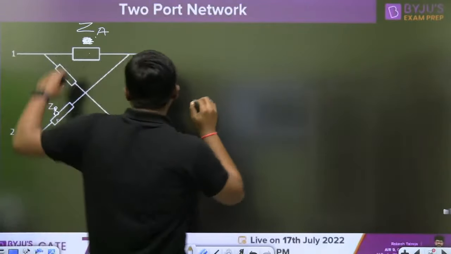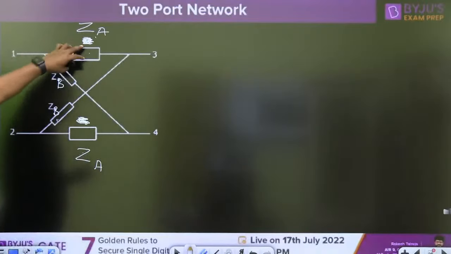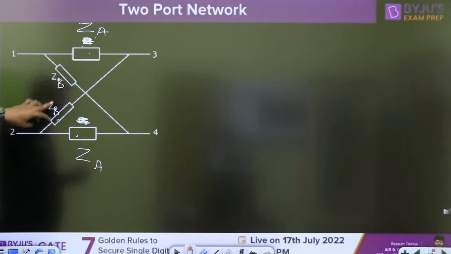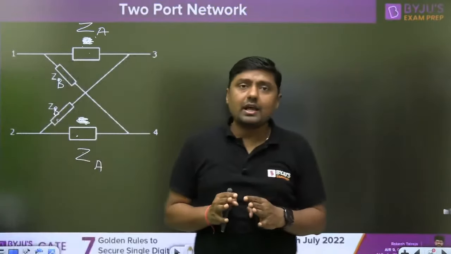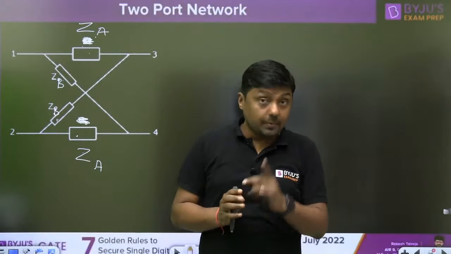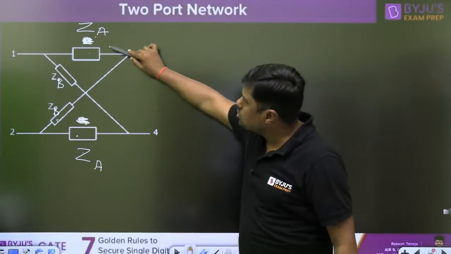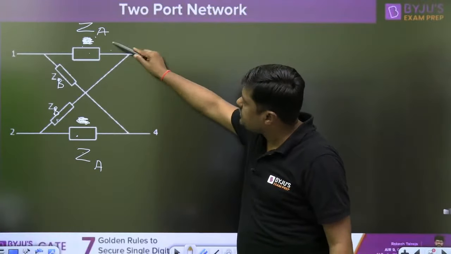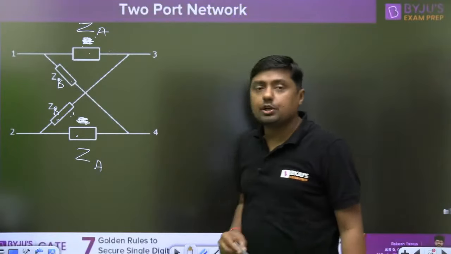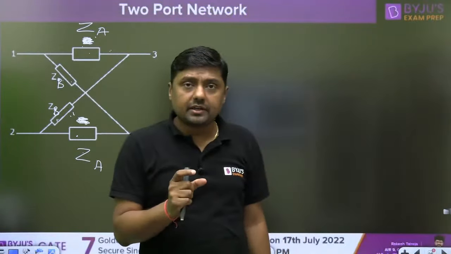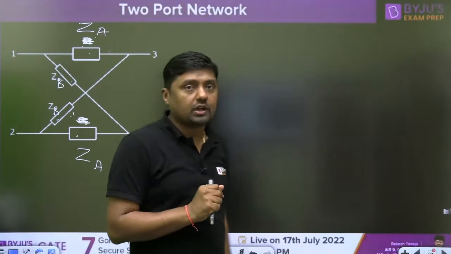Then if these two are equal, and these two are equal, then that network is reciprocal as well as electrically symmetrical. Remember that. If the values of the parallel arms are equal, so it is visible, these are equal, and if the values of the series arms are equal, it is electrically symmetrical plus reciprocal network.